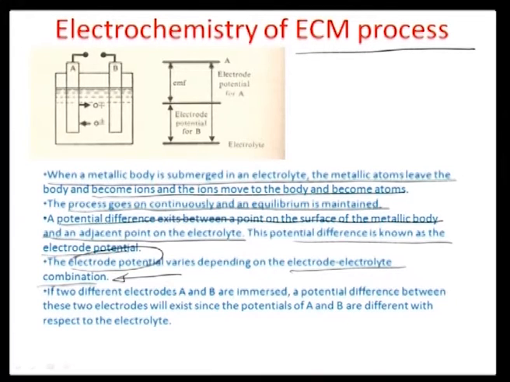And if two different electrodes A and B are immersed together in the same electrolyte, first of all a potential difference will automatically exist, and then you can also externally give a potential difference.